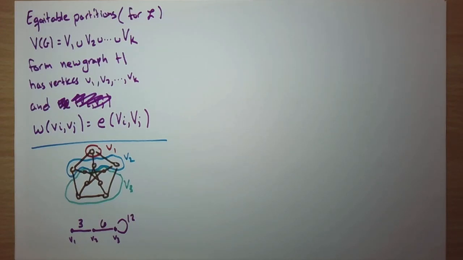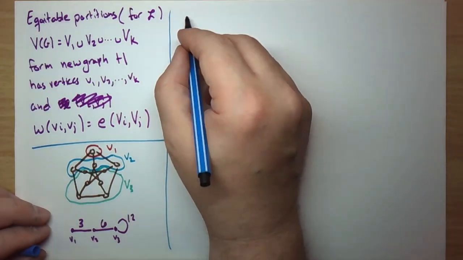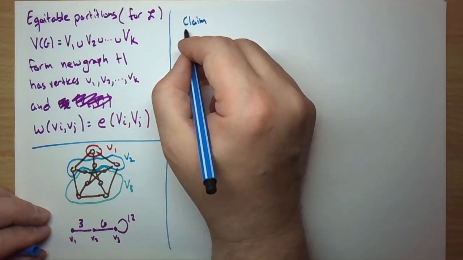Phew. Now, of course, the ultimate test: we make a claim and then we check it. So what's the claim? The claim is the following.